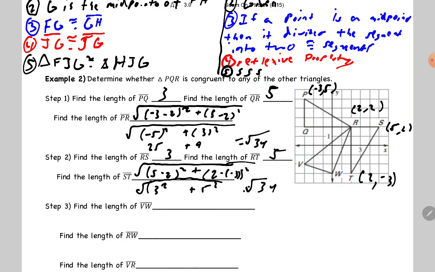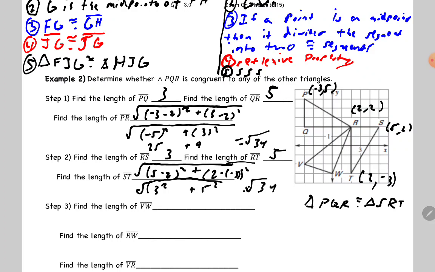Okay, so we know that triangle PQR is congruent to triangle SRT. So the reason why I paused there is because I needed to look at the corresponding points. So when we looked at PQ first, we looked at RS.